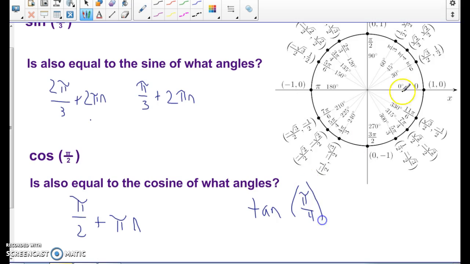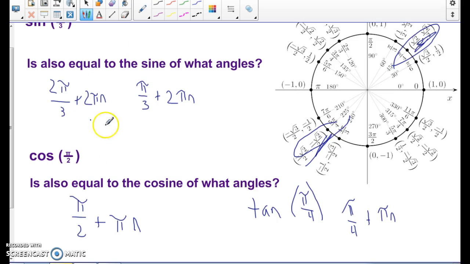Well, the tangent at pi fourths happens to be positive 1. Where else is tangent positive? That's in the third quadrant, happens to be right here. So notice that repeats every pi n. So it'd be pi over 4 plus pi n. That's when those tangent values are the same.